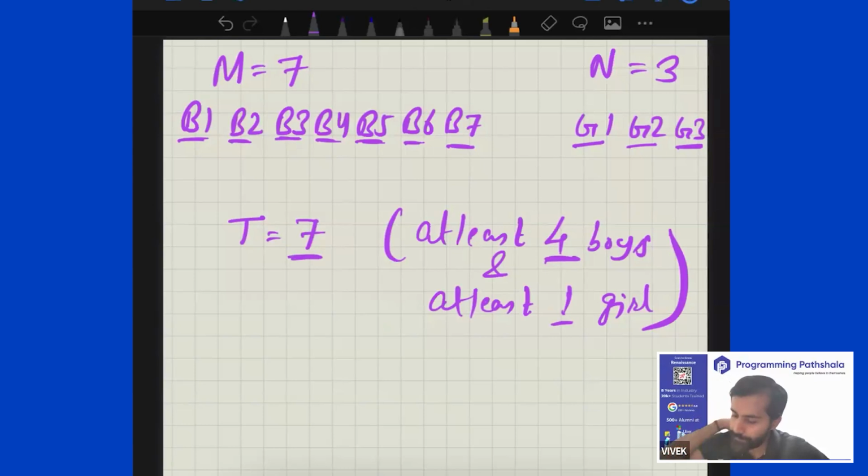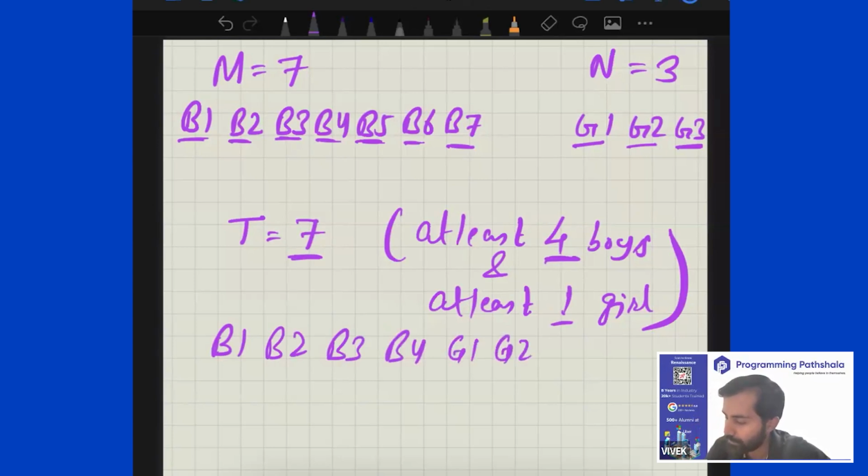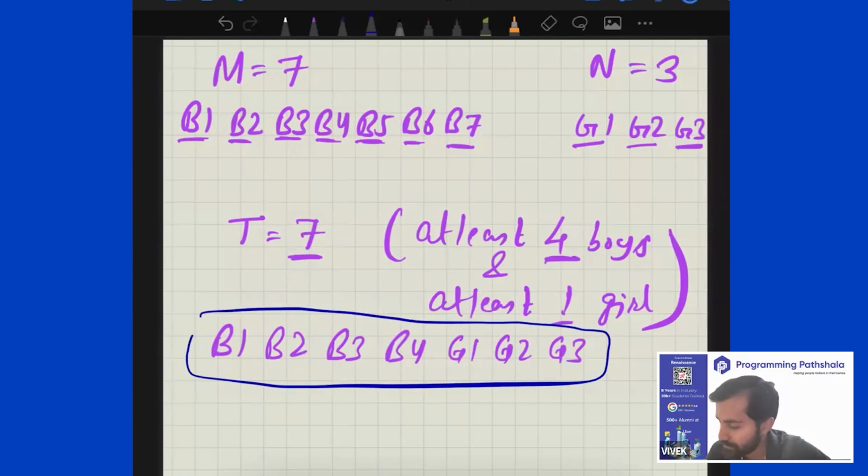Okay, so you can have different combinations of teams containing 7 players. Just tell me, can I go ahead and have a team like boy 1, boy 2, boy 3, boy 4, girl 1, girl 2, girl 3? Is this a team containing 7 members? Do we have the 7 members which we desired?